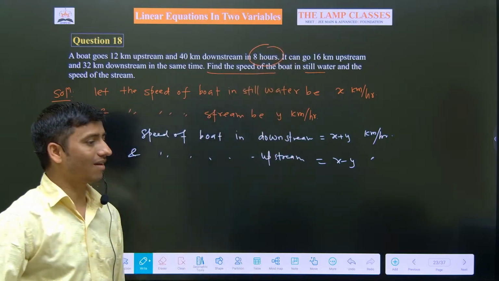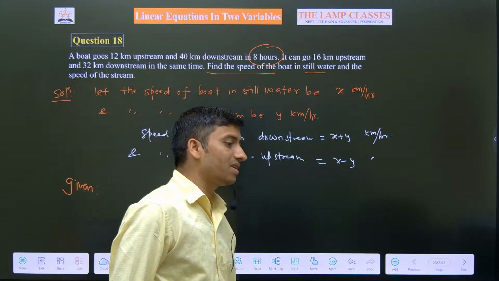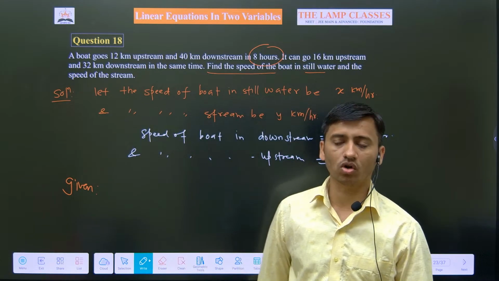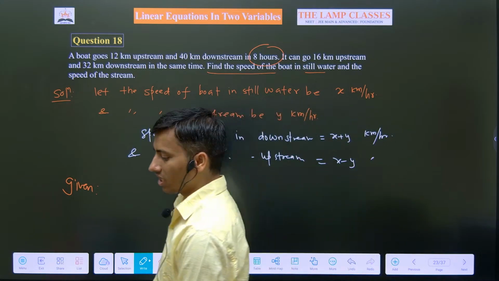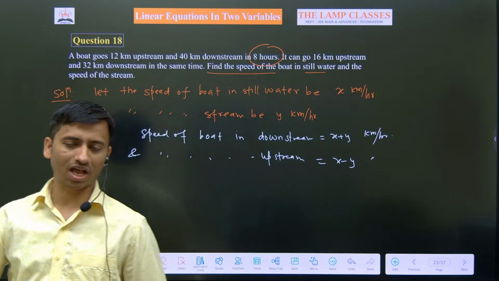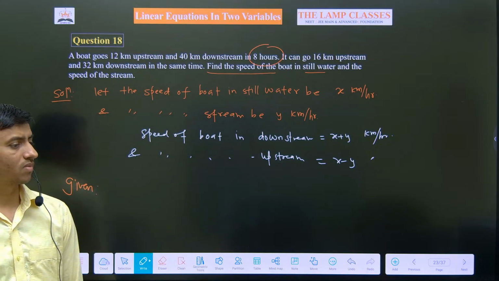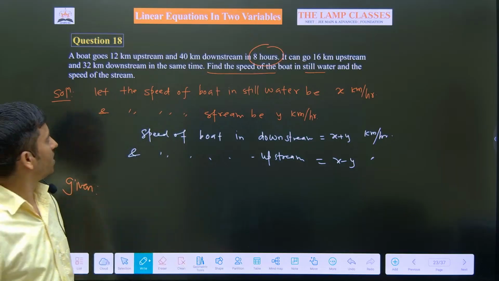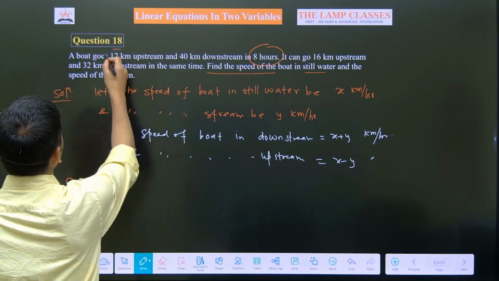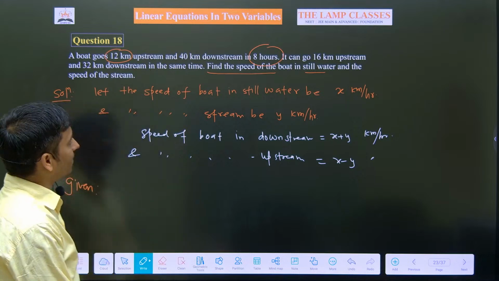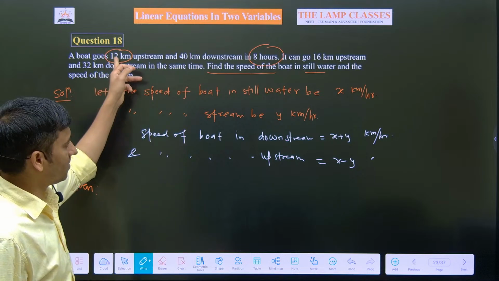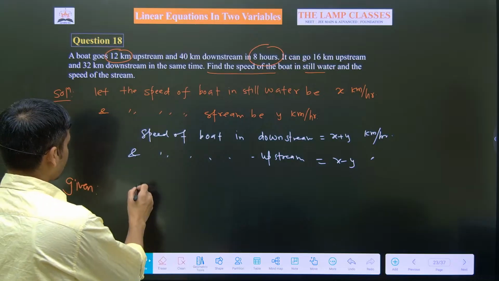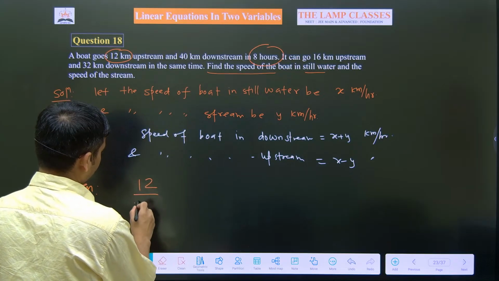So if you have to calculate time, guys, and speed and distance are given. Speed means we are talking about uniform speed. We know that speed is equal to distance upon time, and time is equal to distance upon speed. So how much time will it take to travel 12 kilometers upstream? It has to be 12 upon x minus y.